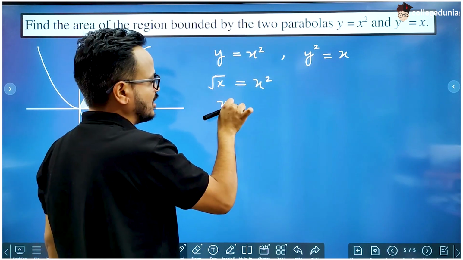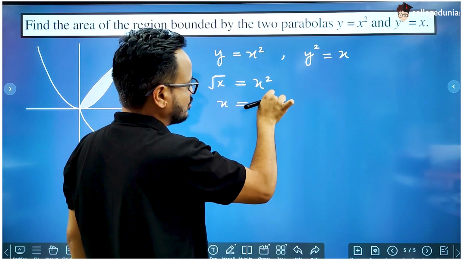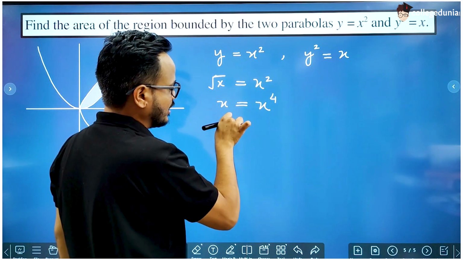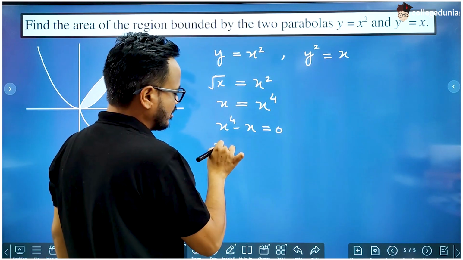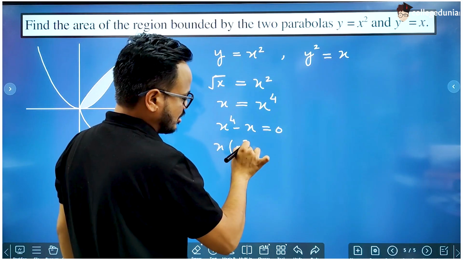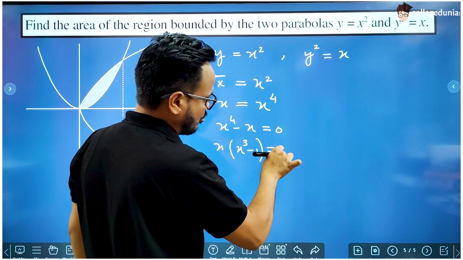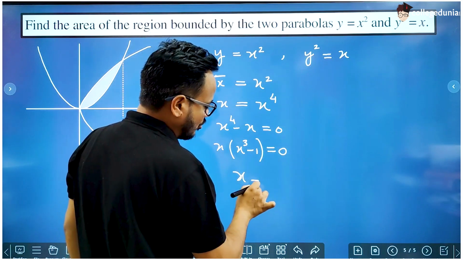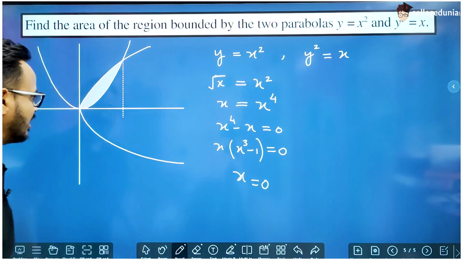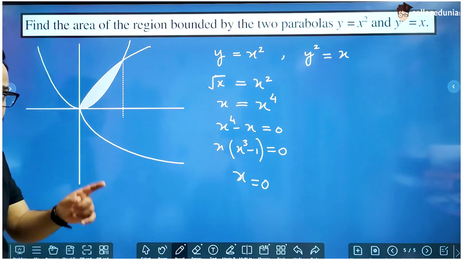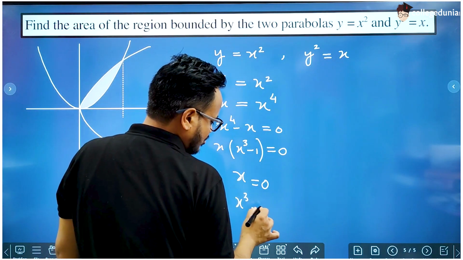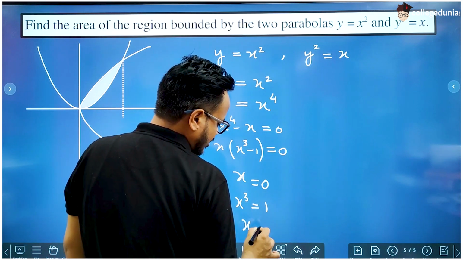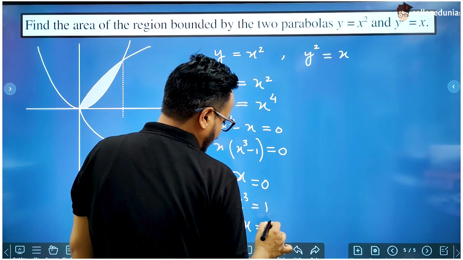Squaring both sides, we get x equal to x to the power 4, or x to the power 4 minus x is 0, or x cube minus 1 equal to 0. So one point is 0 where these parabolas are meeting, and that we already know, but we have to find the other point. So x cube is 1, or x equal to 1.